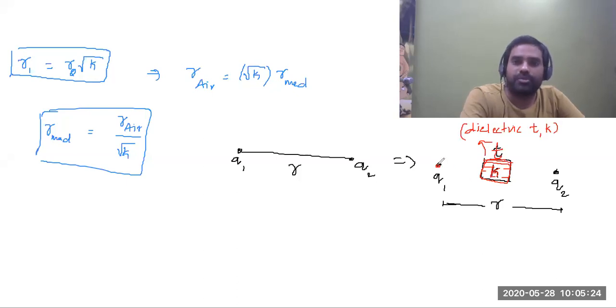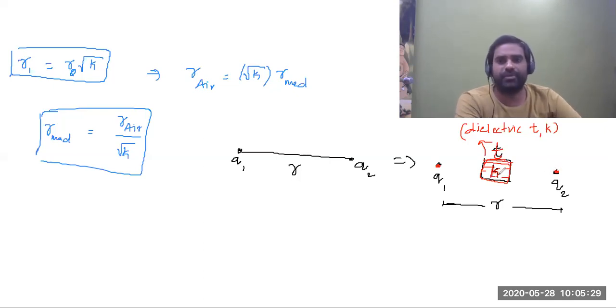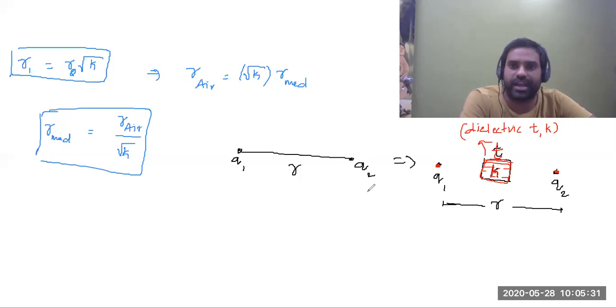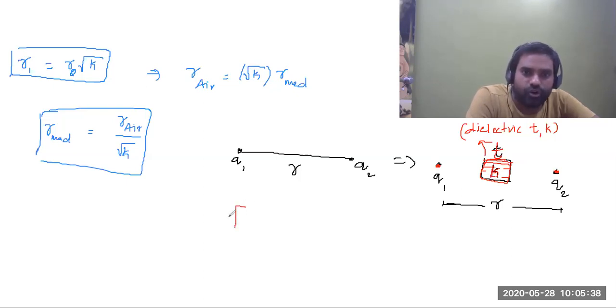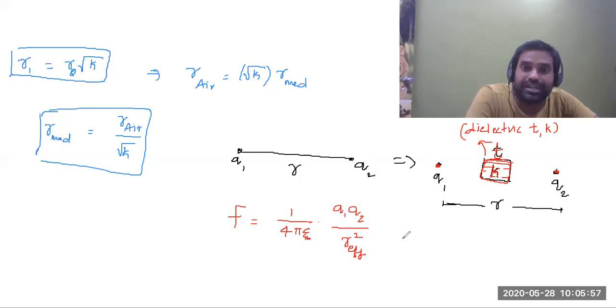Now, what could be the interaction force between Q1 and Q2? You can keep it anywhere. If you come across a case like this, then the interaction force between the two charges can be written as 1 by 4 pi epsilon naught Q1 Q2 by R effective square. Means we have to take the effective distance, the total distance.